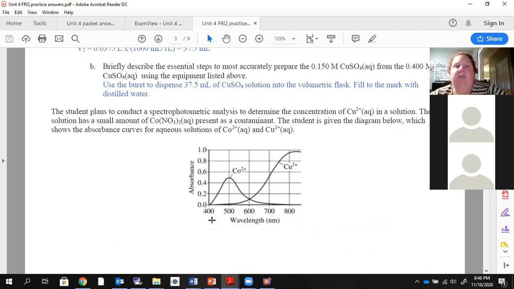So here's that graph across wavelengths showing what wavelengths each of these elements absorbs best at. So we can see that copper maxes out its absorbance around 500 nanometers. Cobalt maxes out somewhere around 800, maybe 750. 800 is sort of out of visible.